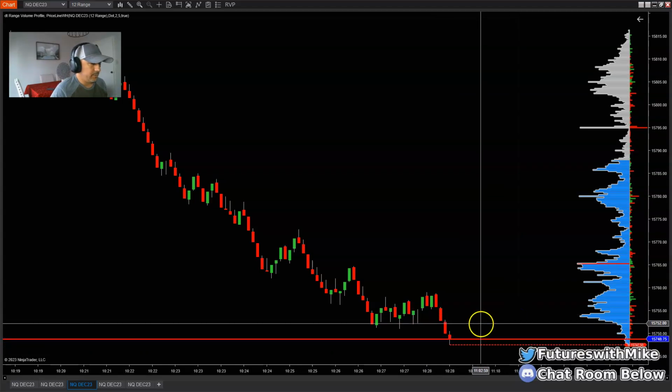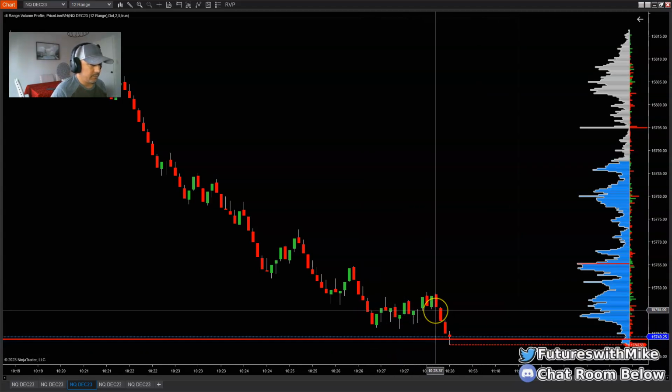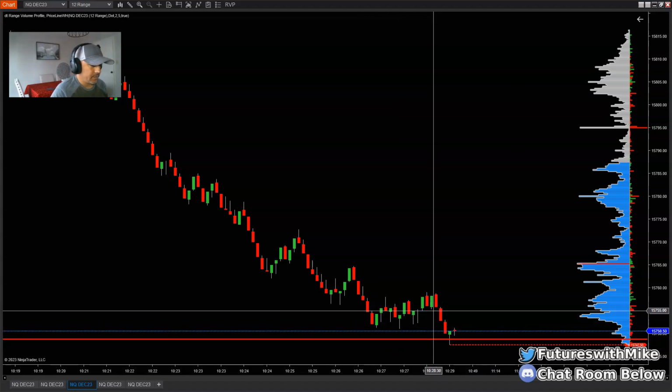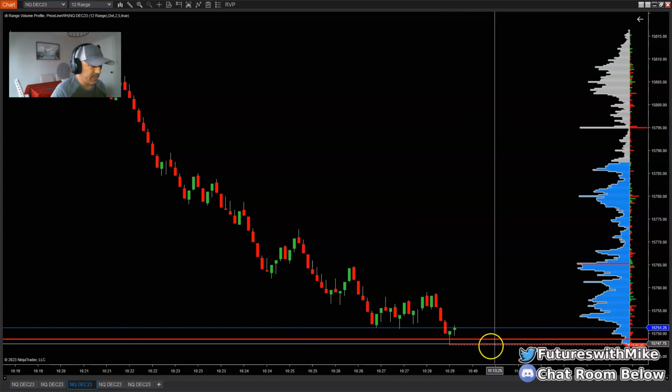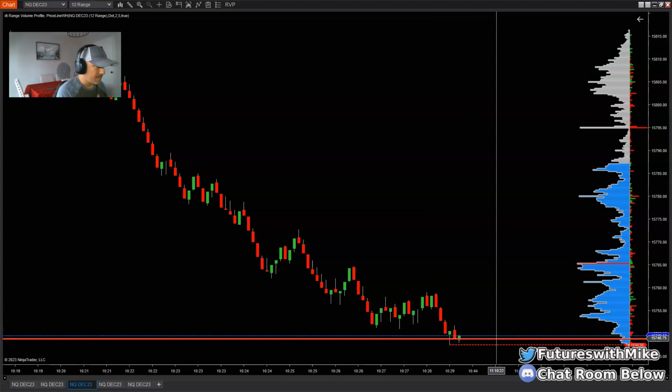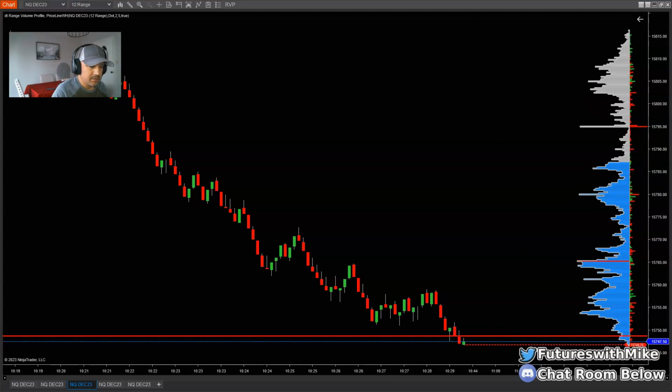Still pushing lower. Wow. Still pushing lower. But that red line is the area that I marked on the higher time frame, 60 range chart. So we'll see.